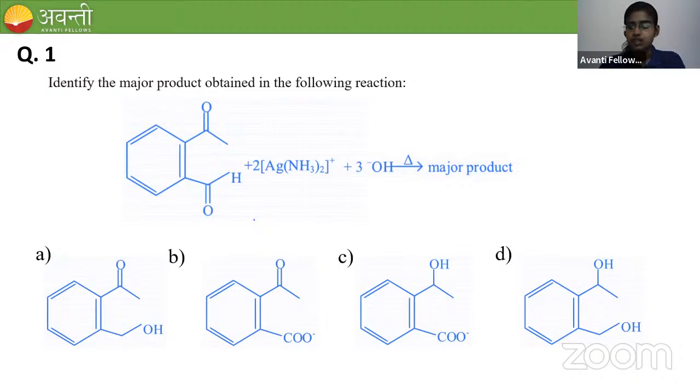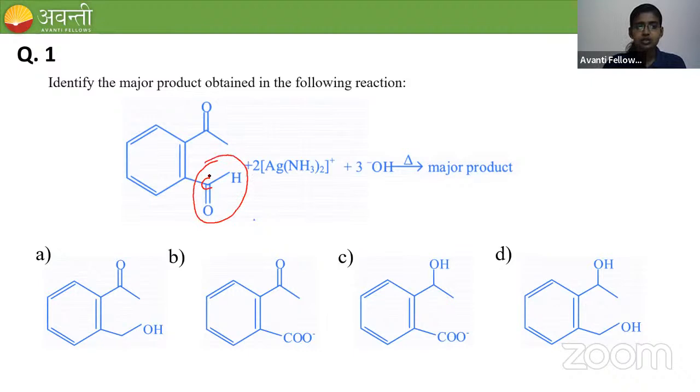Okay. So this is used for the Tollens reaction, which is being used for the test for aldehydes, right? So here, aldehyde only gets converted to carboxylate ion. So this is the CHO part, that is the aldehyde part.